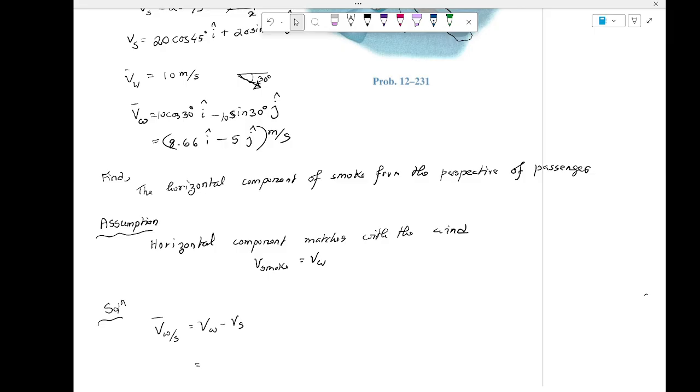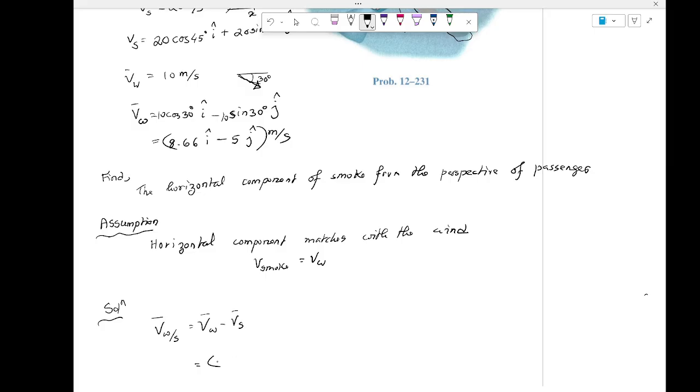Once you have the wind, and you do have the wind and the ship x and y components, we'll just simply plug those values in and then find just the x component of that. I'll talk more about it in the next class. We are almost at the end of the time. I don't want to focus too much on that.